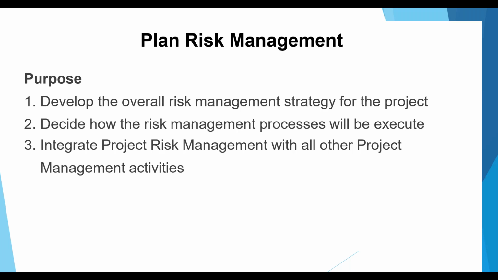You need to decide how the risk management processes will be executed and integrate project risk management with all other project management activities, because effective risk management requires creation of an effective risk management plan, and this plan describes how the risk management process should be carried out and how it fits in with the other project management processes. So this is one of the essential first steps of the project risk management process.